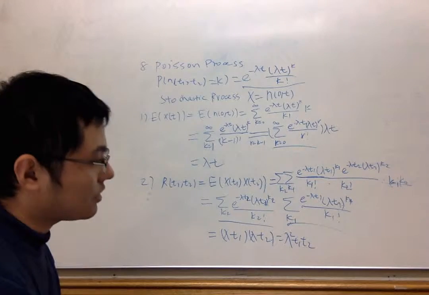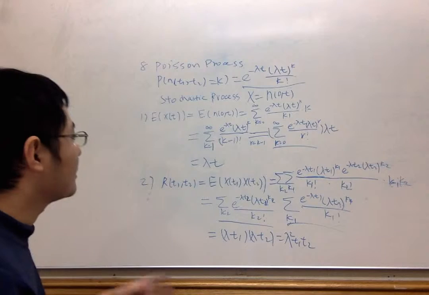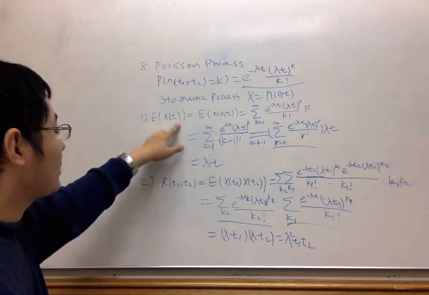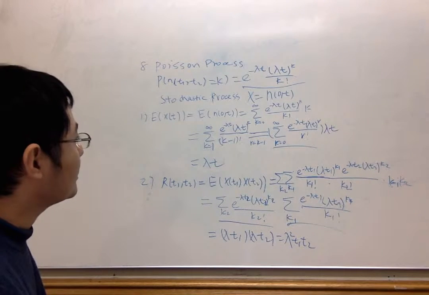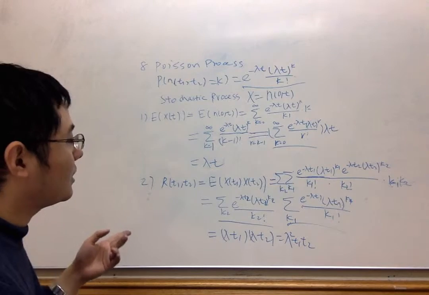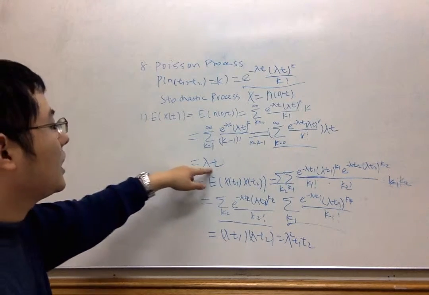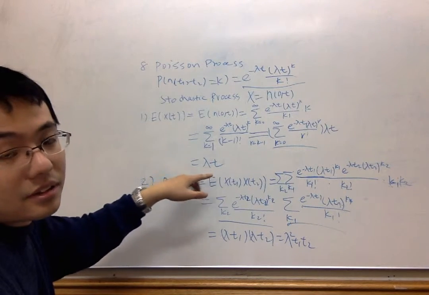We get the final answer of lambda squared t1 t2. This is the expectation of X(t1)X(t2). And when we look at that, we see this is not a WSS process, because the expectation of X(t) is not a constant. It's actually a function of t.